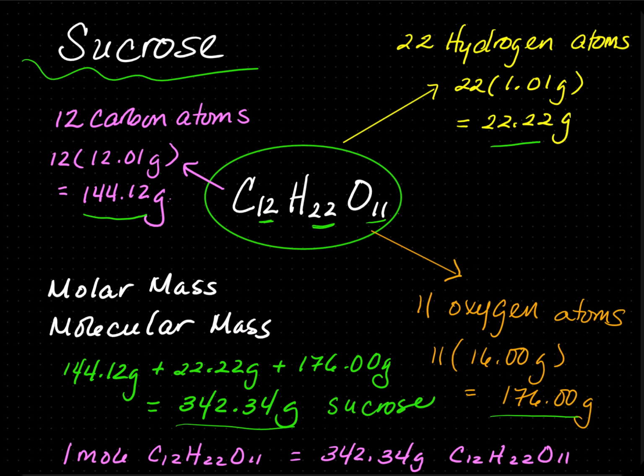So the molar mass of 1 mole of sucrose is equal to 342.34 grams of sucrose. And where did we get the numbers? We got those off the periodic table. So molar mass becomes a conversion factor: 1 mole of something is equal to its grams of something. We will spend more time on this concept when I go through the 4 different types of conversion factors in video 3.